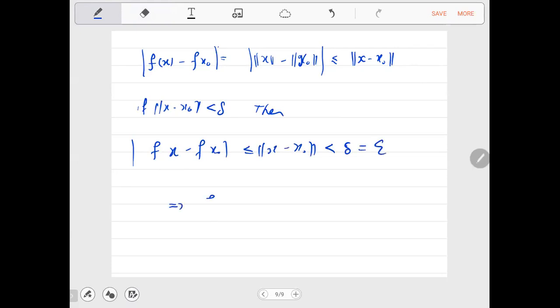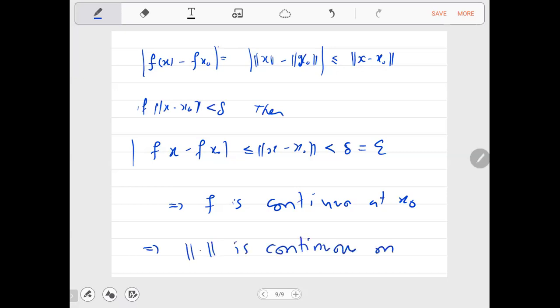So this implies that f is continuous at x naught. So x naught is an arbitrary fixed vector in X. So the norm is a continuous function on X.